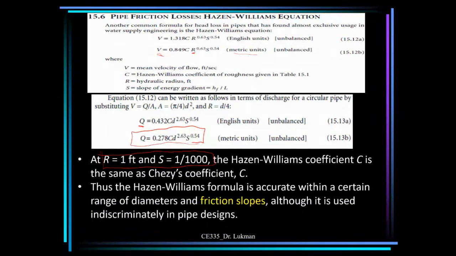Thus, the Hazen-Williams formula is accurate within a certain range of diameters and friction slopes, although it is used indiscriminately in pipe designs. But we should know that it has a limit as to the diameters and the friction slopes that it is applicable to.